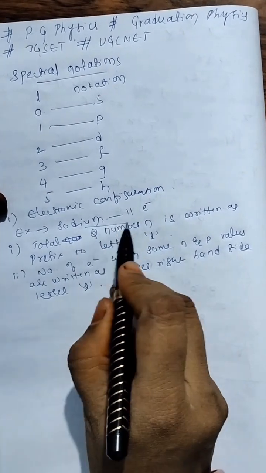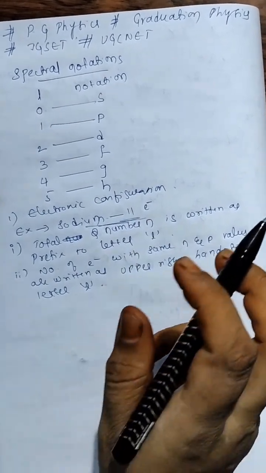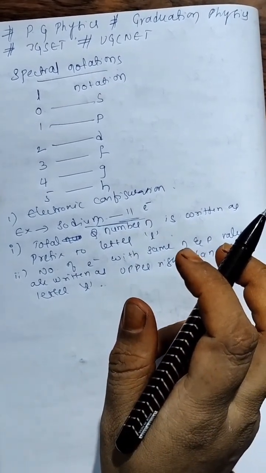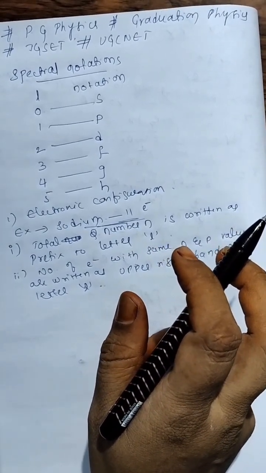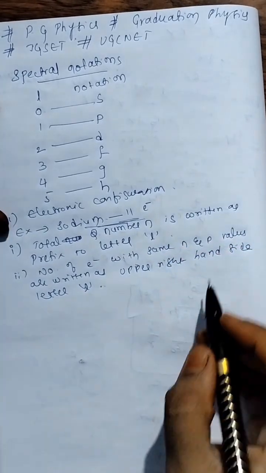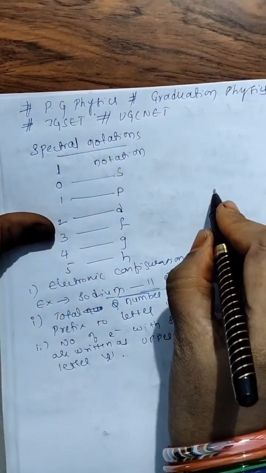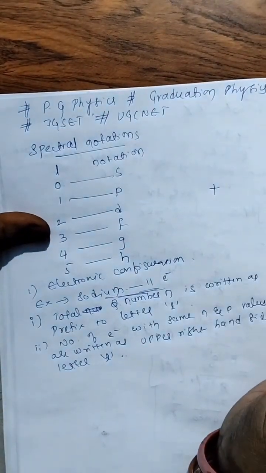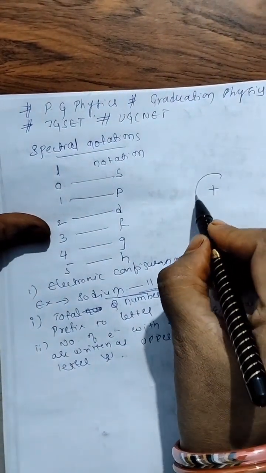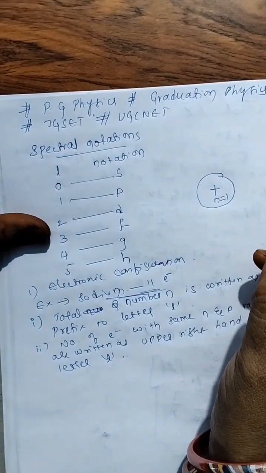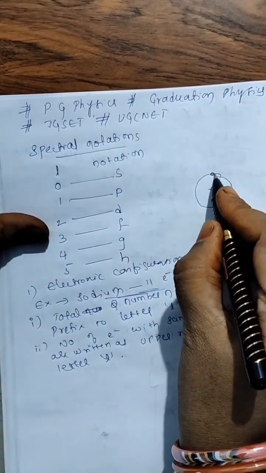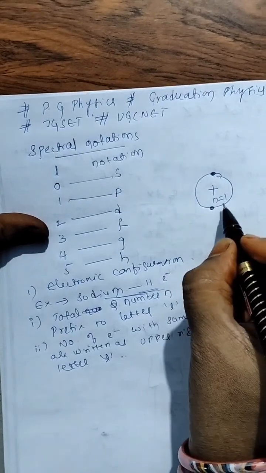Now for example, we took sodium with 11 electrons. How will we write the electronic configuration? This is the nucleus of sodium. The first orbit, n equal to 1 or K orbit: how many electrons will be there? 2n square, so 2 electrons.